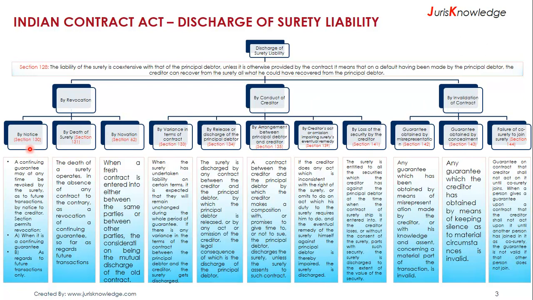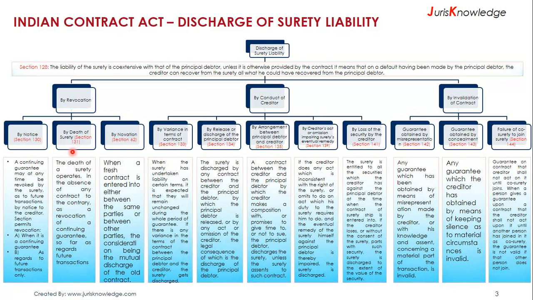Starting with revocation, it can be done by notice under section 130. A continuing guarantee may at any time be revoked by the surety as to future transactions by notice to the creditor. The section permits revocation when it is a continuing guarantee and only as regards future transactions, not past transactions.